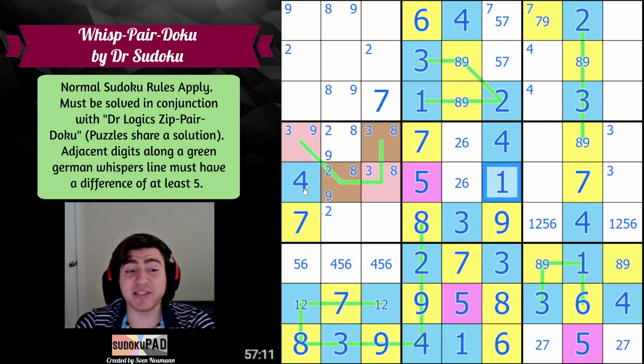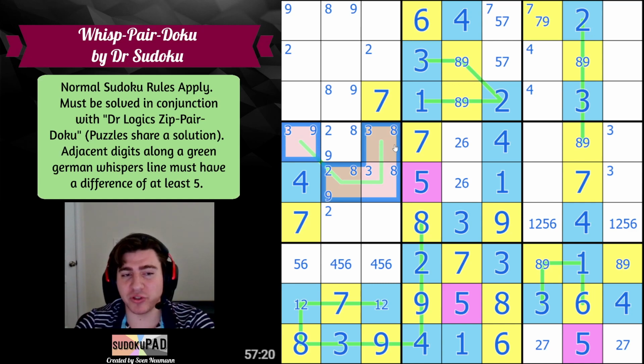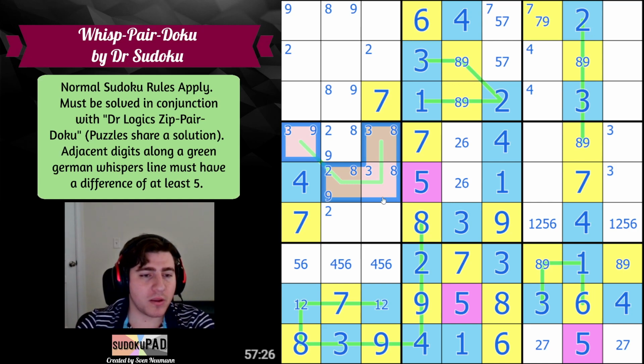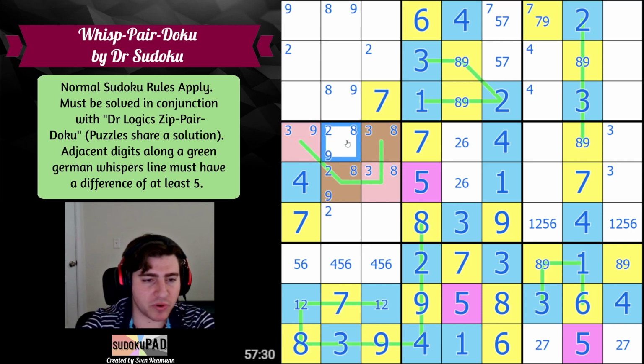Because of the 7 down there, we know we can't have 7 or 6 on the German Whisper, but we need both too low and too high parity, which means we must have an 8 and 9 on the German Whisper. So 8 and 9 definitely appear on the German Whisper.